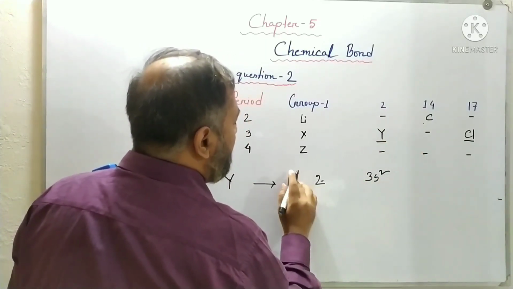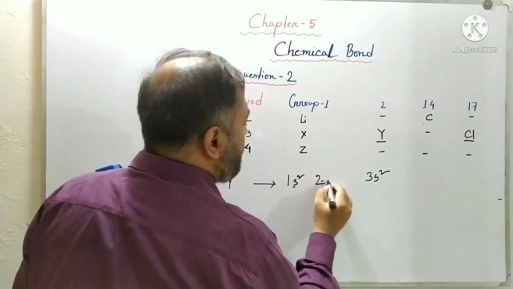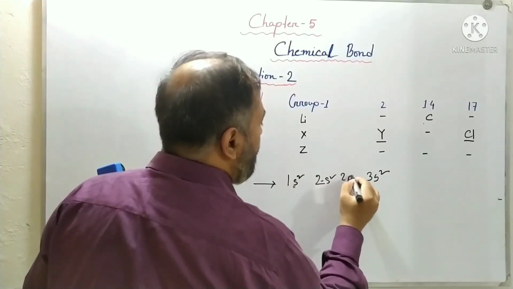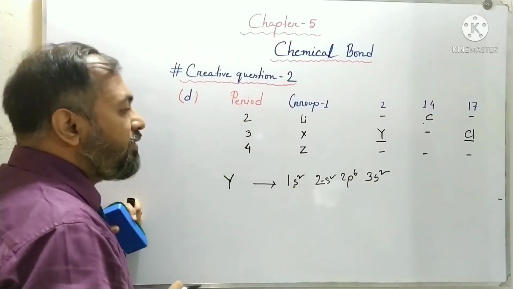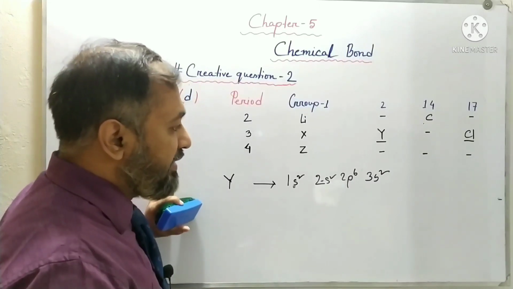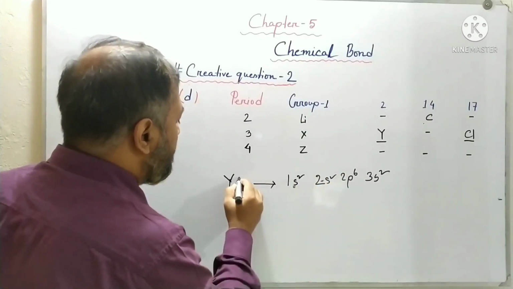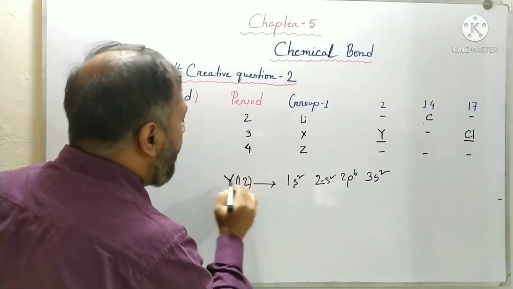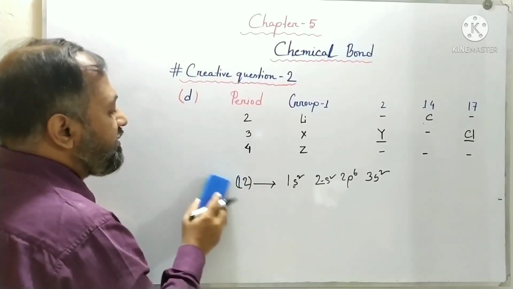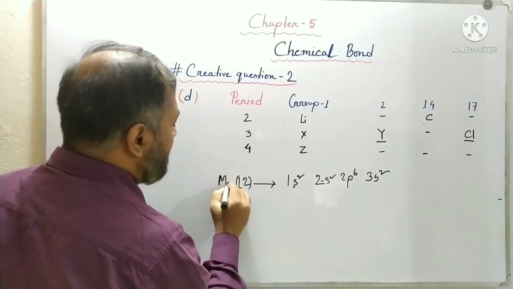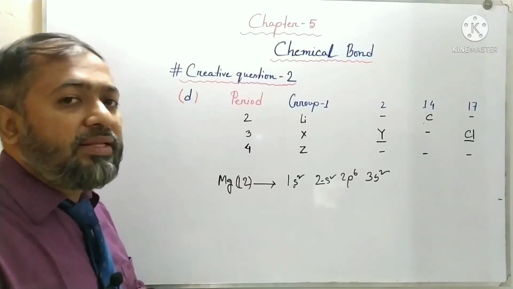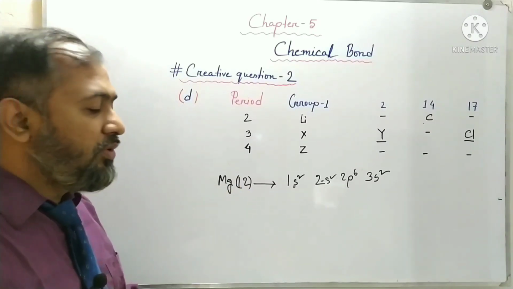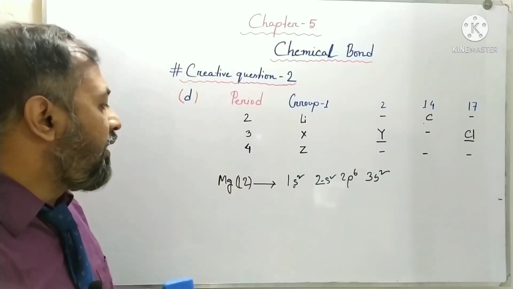If we complete the shell, 1s2, 2s2, 2p6, we'll find that the total number of electrons present in this element is 12. So what can it be? It is magnesium, because we know that magnesium has 12 electrons or 12 protons.